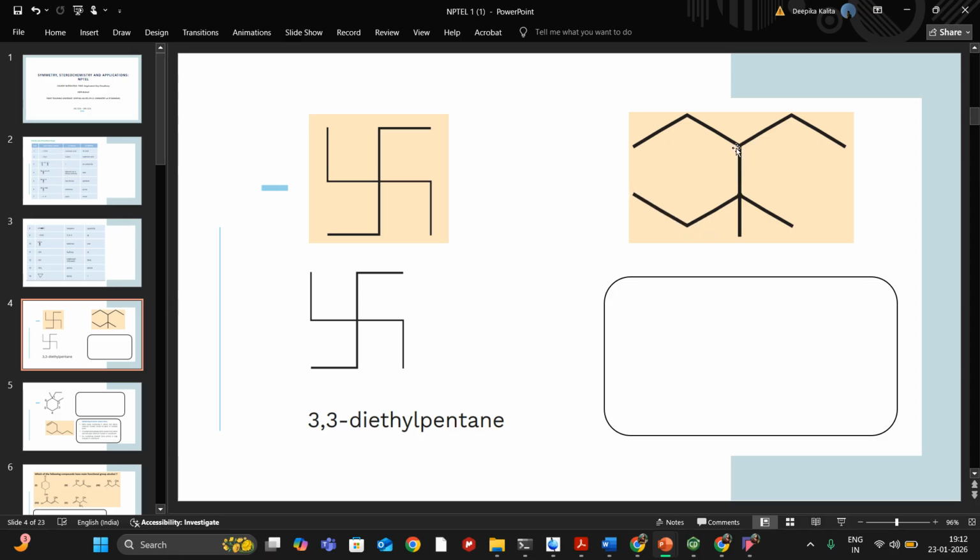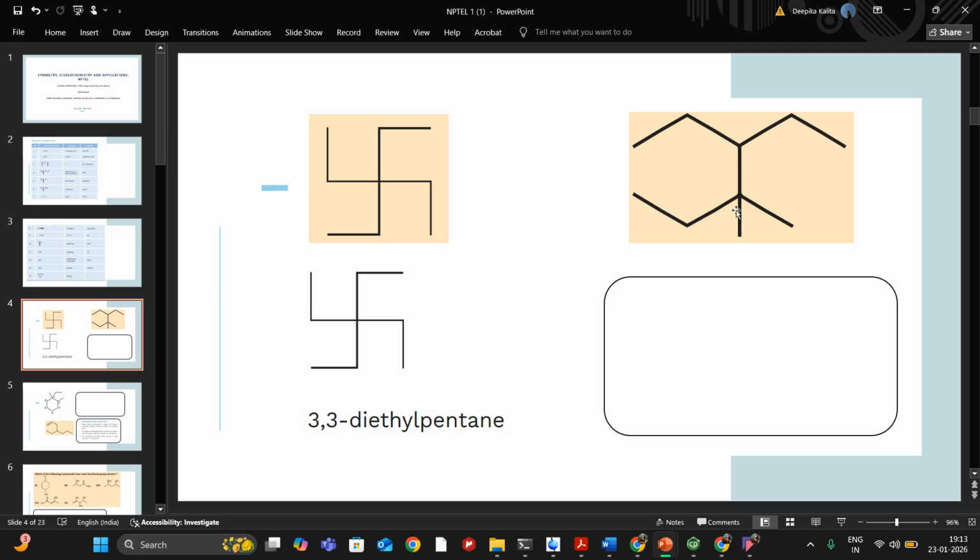Like you have seen the rules of nomenclature in the lectures provided by Professor Roy Chaudhary, we have to choose that parent carbon chain where the substituents present will get the least number. For example, if we start from here and we go till here, these substituents will get the number 3.